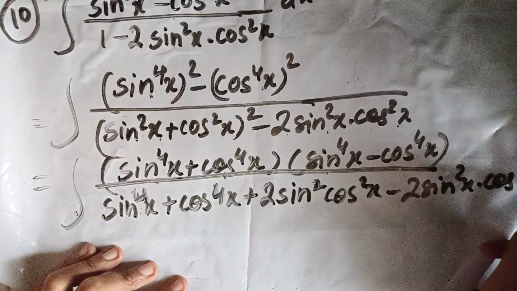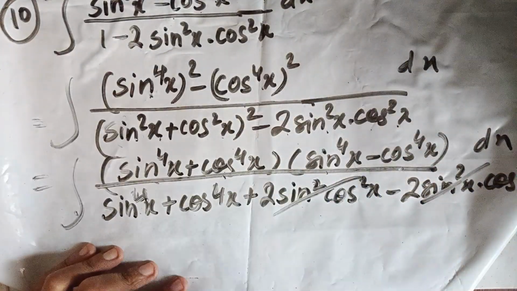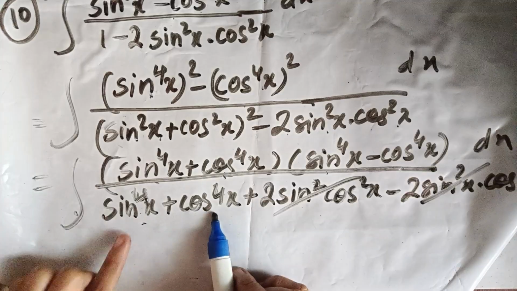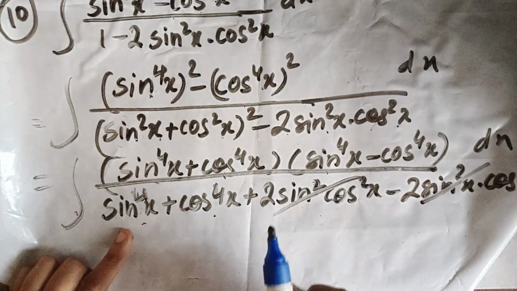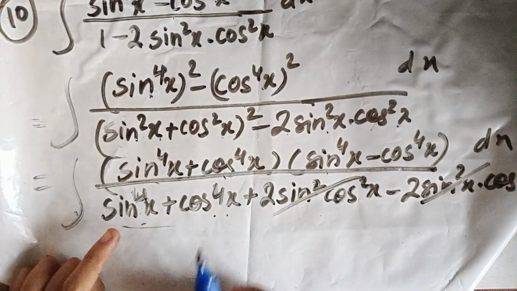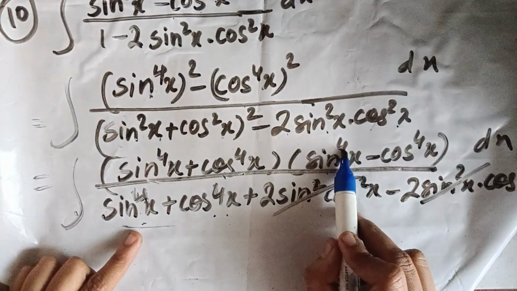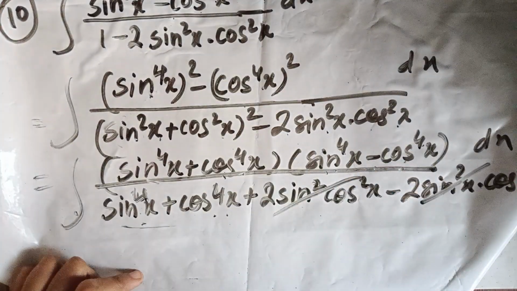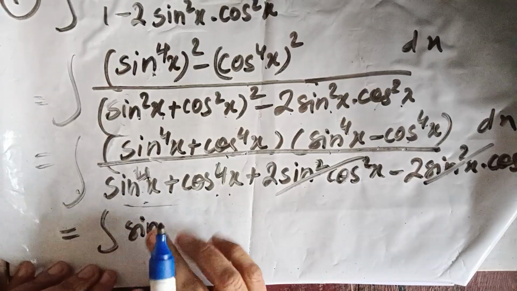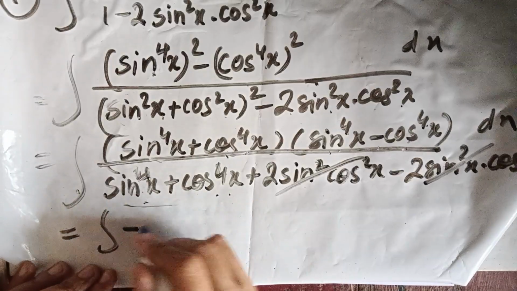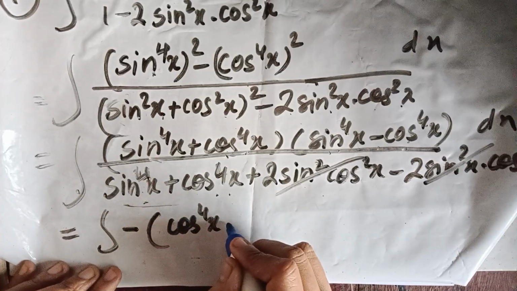This will be sine 4x, not square, because this is a square here. So this gets cancelled. This also becomes 1 by using the identity sine square x plus cos square x is 1. Right. So this becomes 1. Only thing remains is sine raised to 4x minus cos raised to 4x.